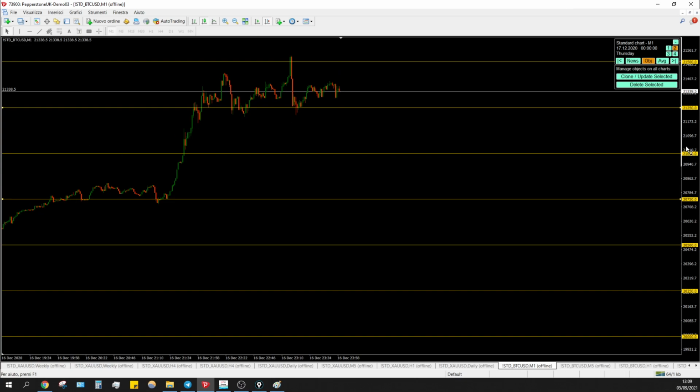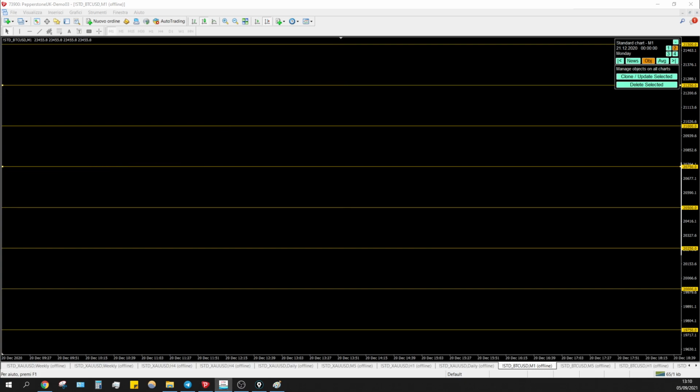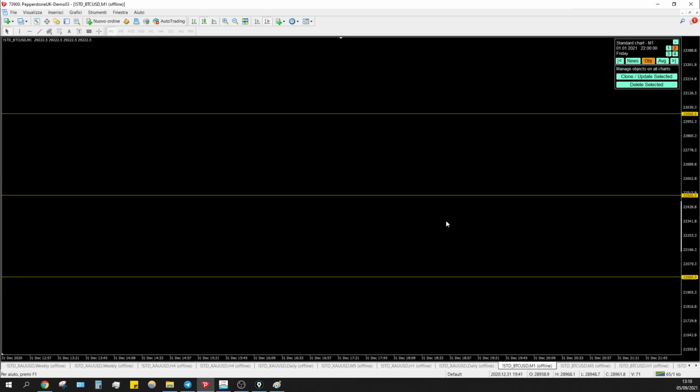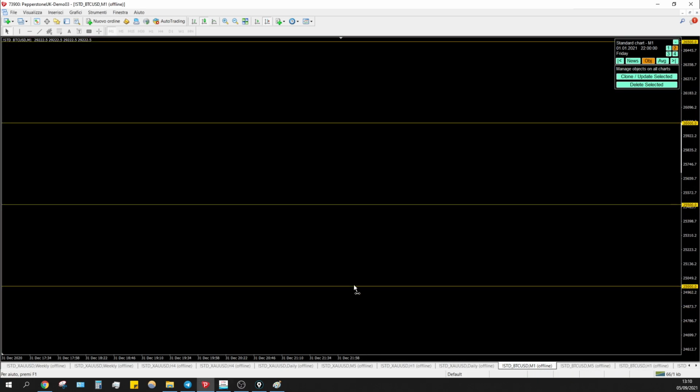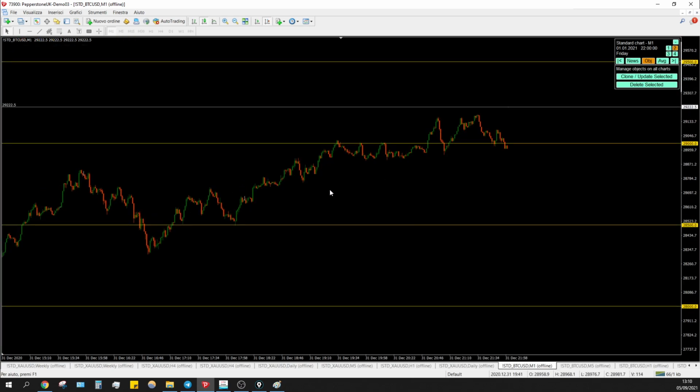So as you can see, we're starting from, let's go to 2021. Okay, we are currently at the 1st of January. We saw a very aggressive bullish run through 2020.